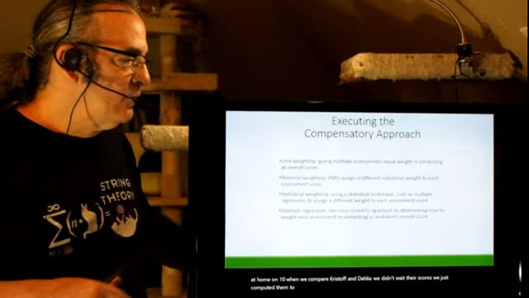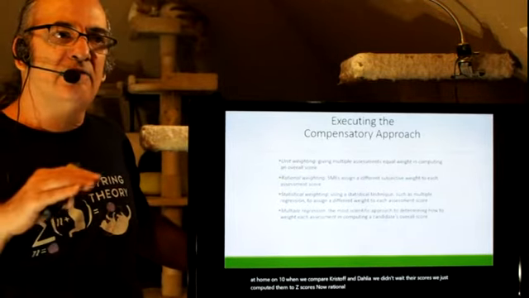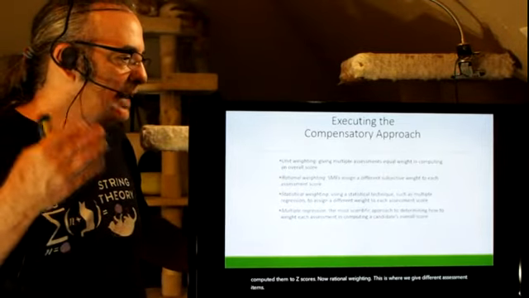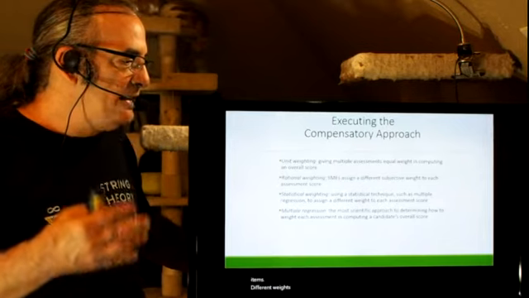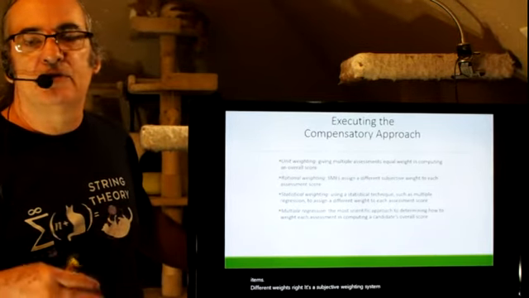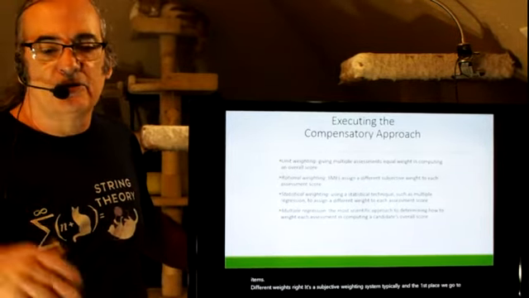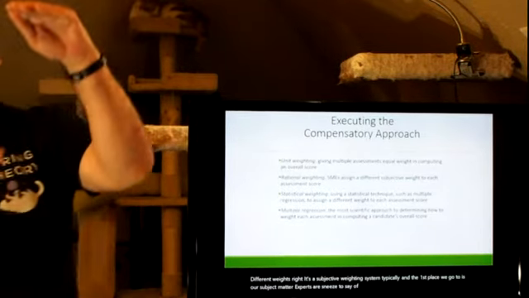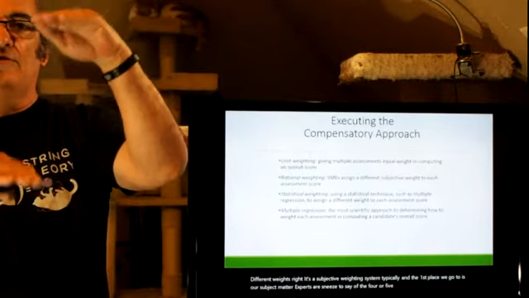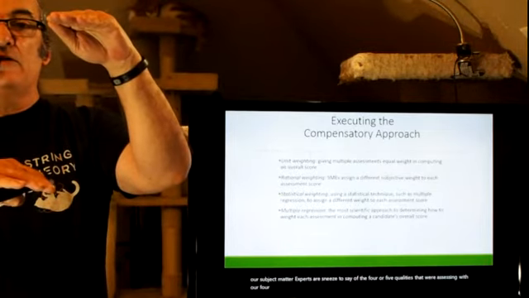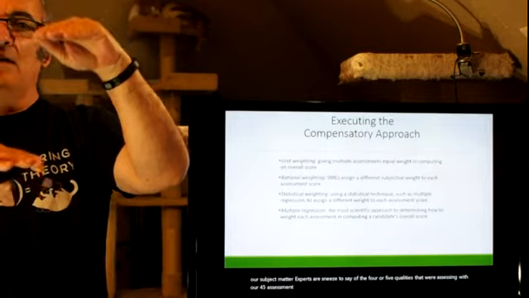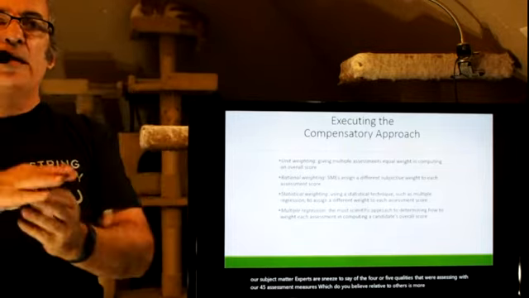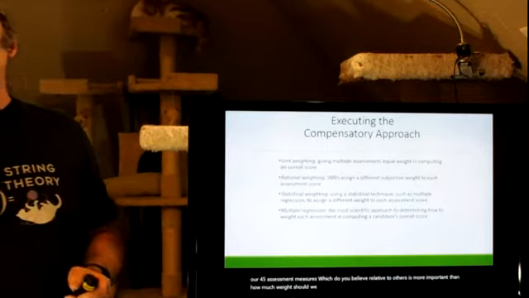Now, rational weighting, this is where we give different assessment items different weights, right? It's a subjective weighting system typically, and the first place we go to is our subject matter experts, our SMEs, to say, well, of the 4 or 5 qualities that we're assessing with our 4 or 5 assessment measures, which do you believe relative to the others is more important, and how much weight should we give assessment number 1 versus assessment 2?